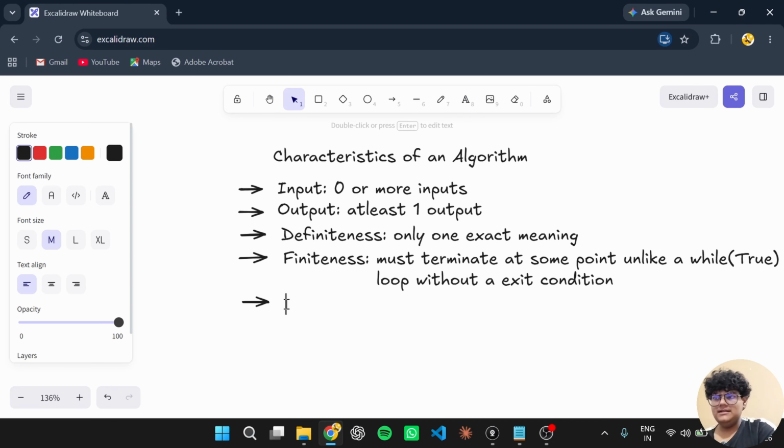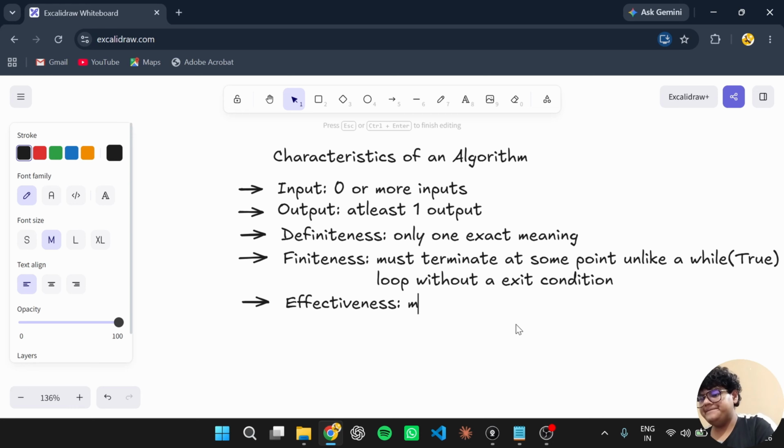And the last one is effectiveness, which means that every step of our algorithm must be actionable and necessary, containing zero unused statements.